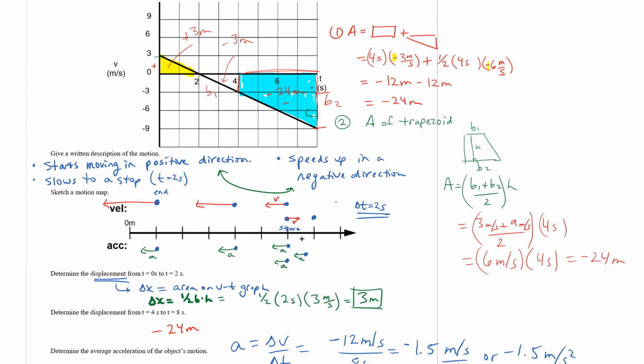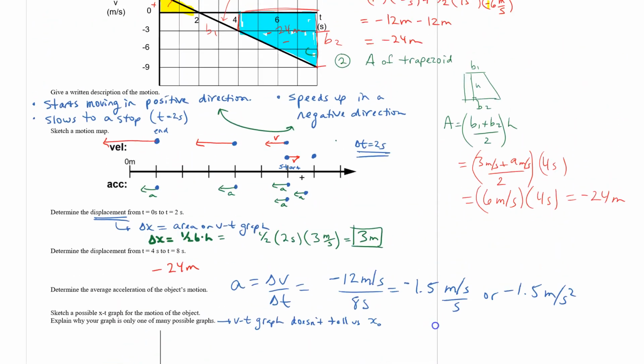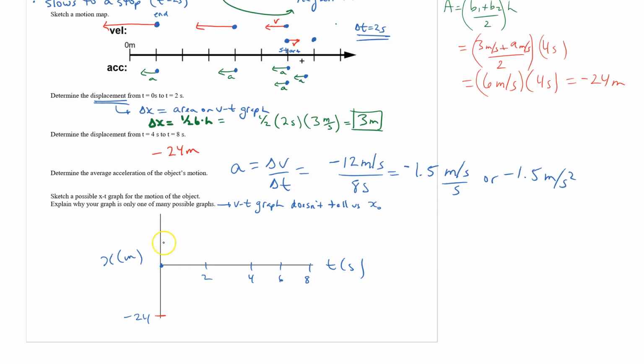So overall, it's going to move forward 3 meters, and then it's going to be moving back 3 meters and end up at the origin again, and then it's going to go minus 24. So when we're going in the minus section, this will be minus 24 over here. And this would be, I don't know, 3 right there, something like that.